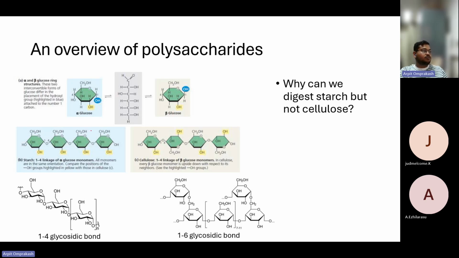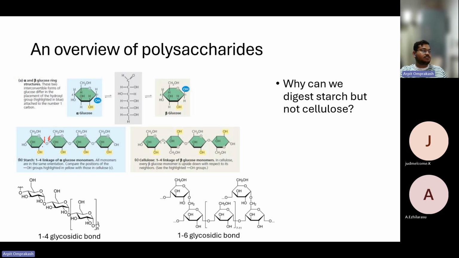Alpha glucose can form both 1,4 glycosidic and 1,6 glycosidic bonds. In a 1,4 glycosidic bond, carbon 1 combines with carbon 4 in another glucose molecule. These two link together and a water molecule comes out to form a bond.